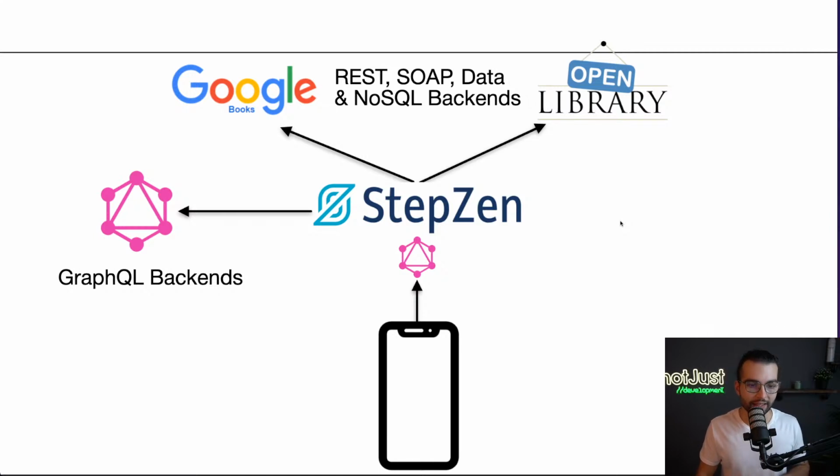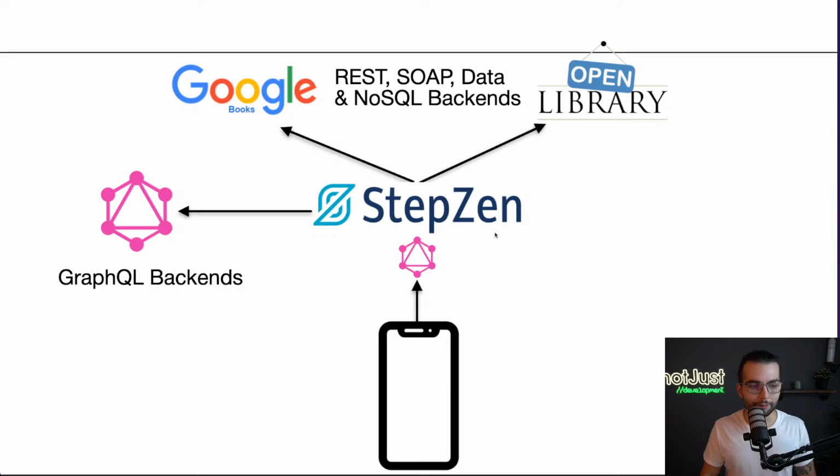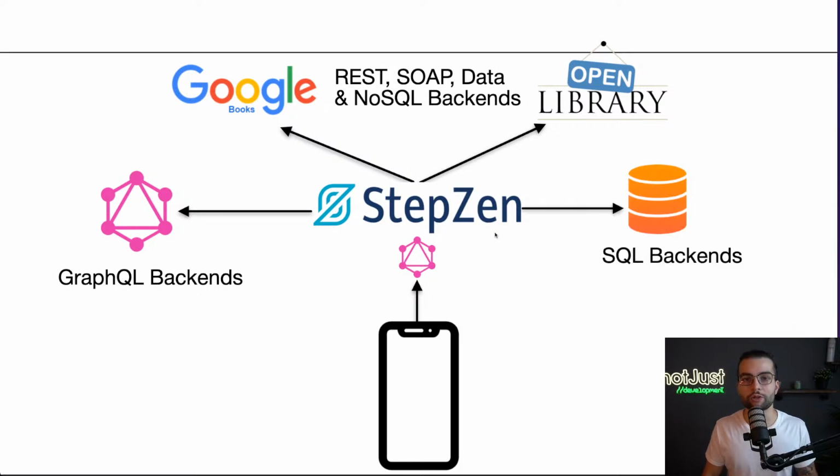So for example, if we wanted to connect to a third API, for example, I don't know, Open Weather API that offers a GraphQL API, then we can connect from StepZen there, and from our application, we simply get the data from StepZen. Besides the GraphQL API, we can also connect to SQL backends, and if you have a SQL database, we can connect it right away to StepZen.